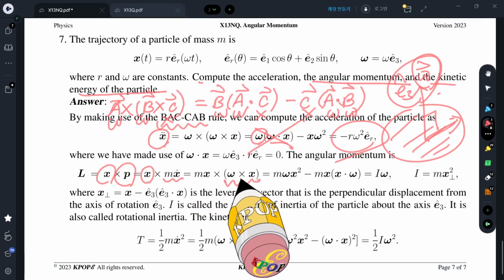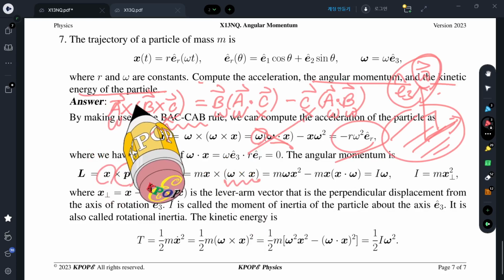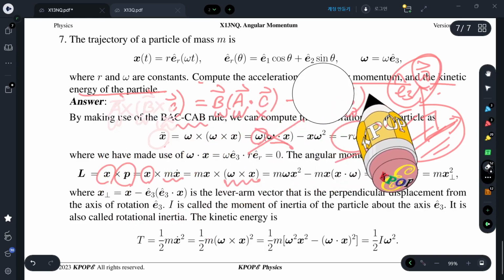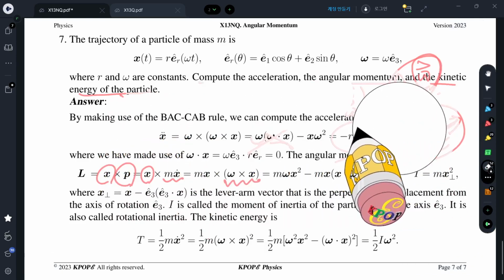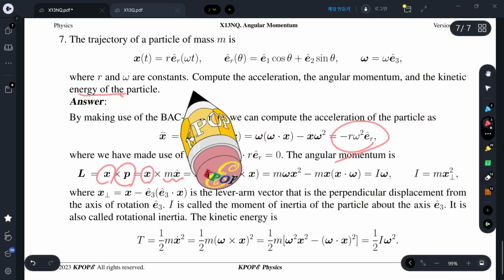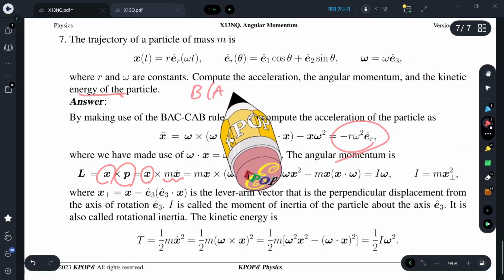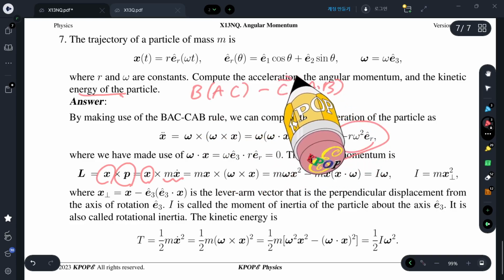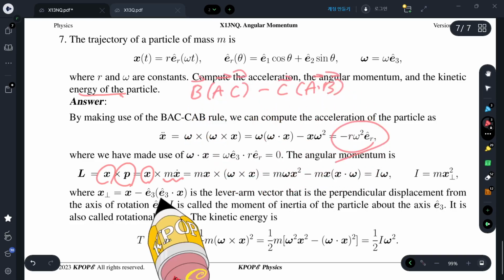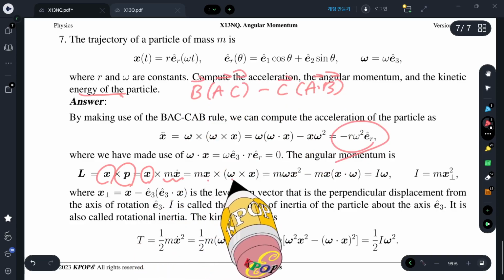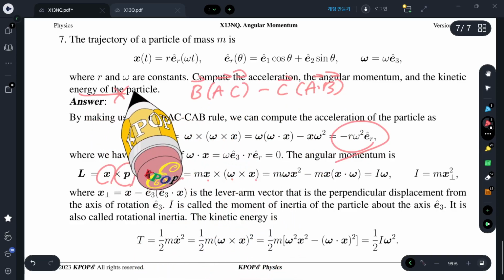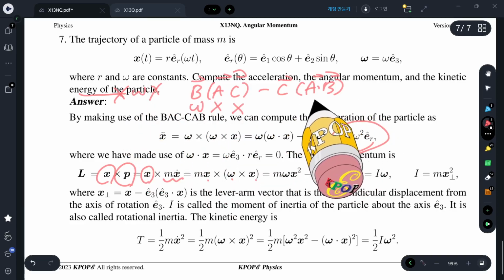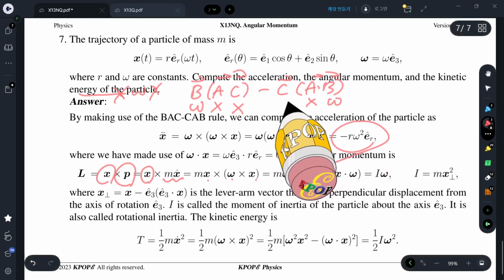Again, we make use of the BAC-CAB rule with x cross omega cross x.